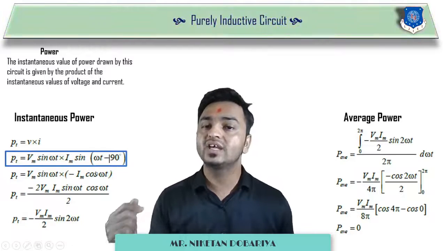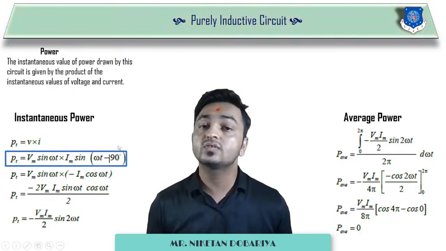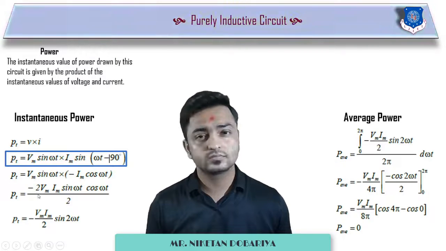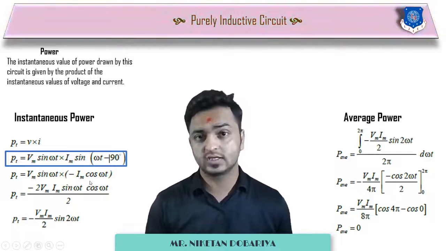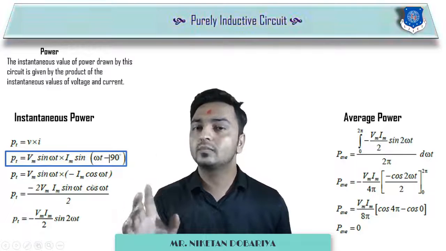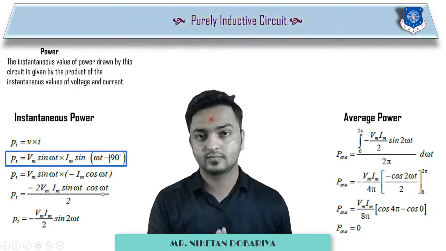Now again, this sine omega t minus 90 degrees was derived from minus cos theta. So if we put in the same value, here we have minus Im cos omega t instead of this value of current. If we take this minus as common, we now have a term sin theta into cos theta. If we multiply this term by 2, that will provide 2 sin theta cos theta.